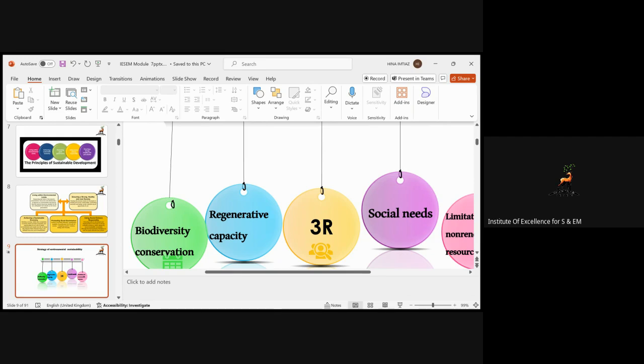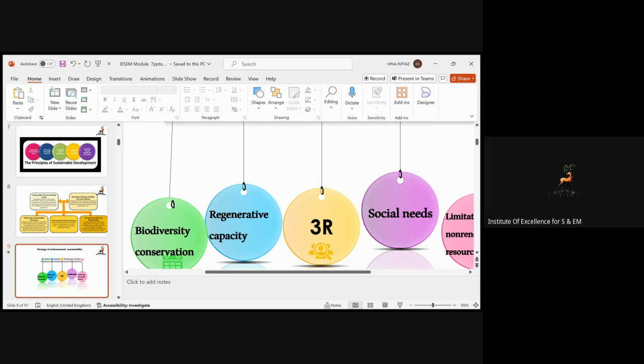That means this process has regenerative capacity, because that manufacturing process gives you the raw material as well. Or you can say that you can use the byproducts for other purposes.